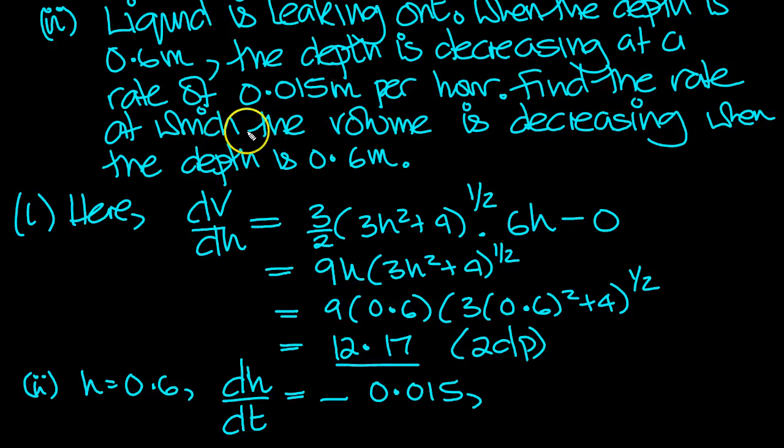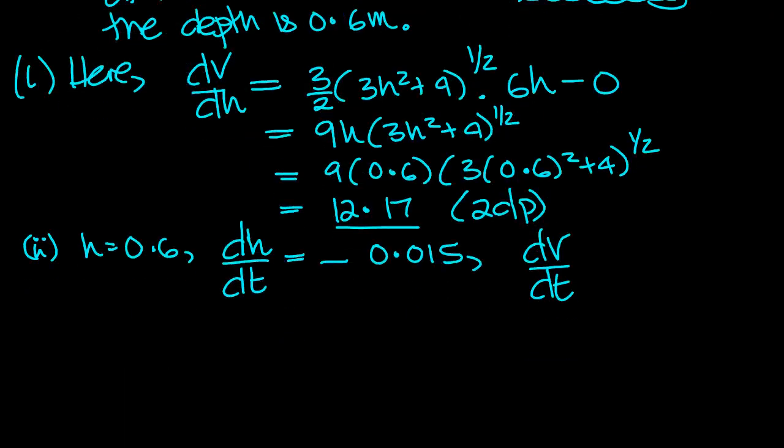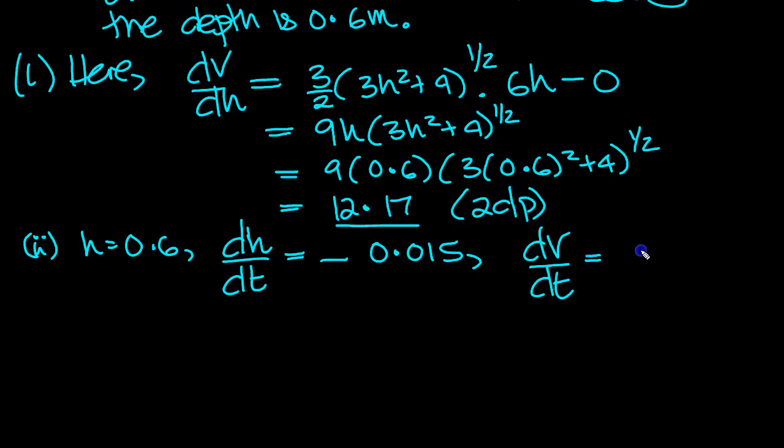Find the rate at which the volume is decreasing. So the dV/dt is the rate of volume increasing, but it says the rate of volume decreasing, so we'll have to flip the sign. Okay, so equals, and don't forget we need to do a minus to it, don't we?